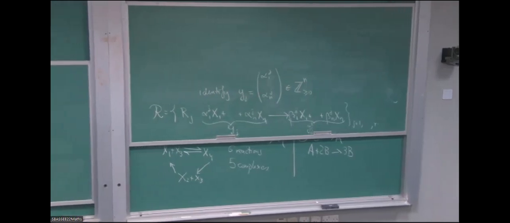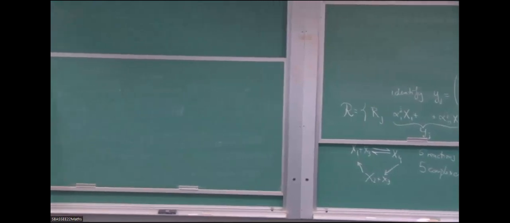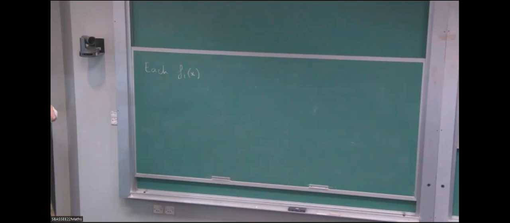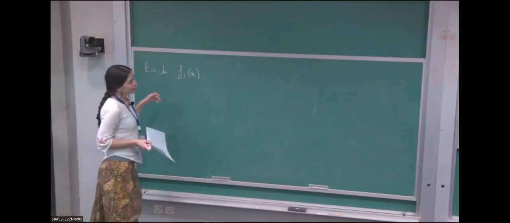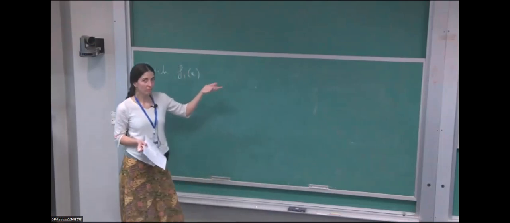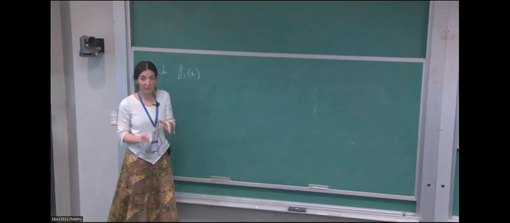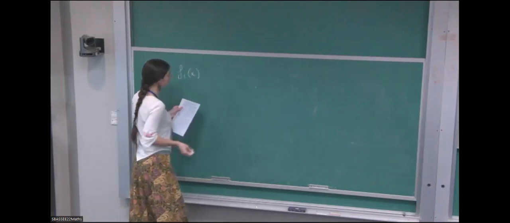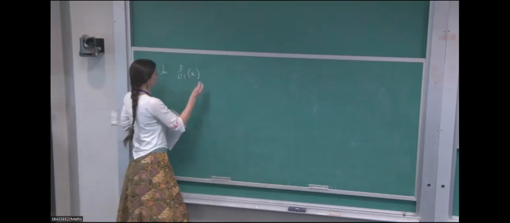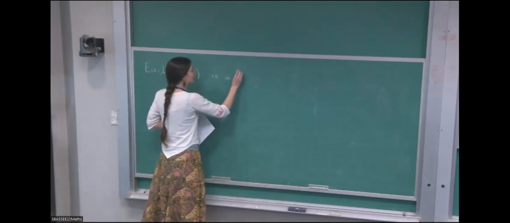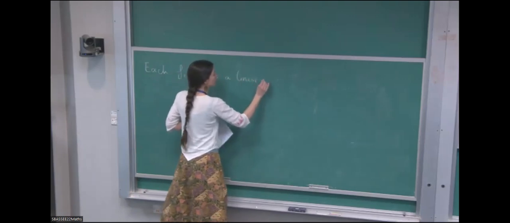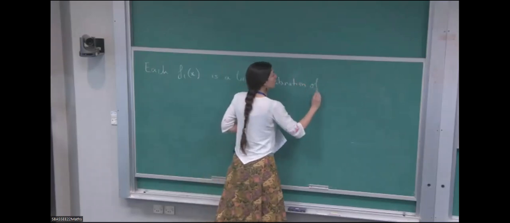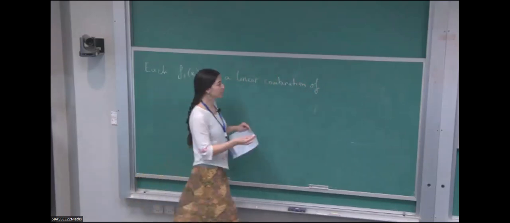Now, each of the species formation rate functions is trying to determine how the concentration of one of the species evolves, and this depends on the kinetics. So we need functions that tell us how this evolves, and those are linear combinations of what I will call the kinetic functions.